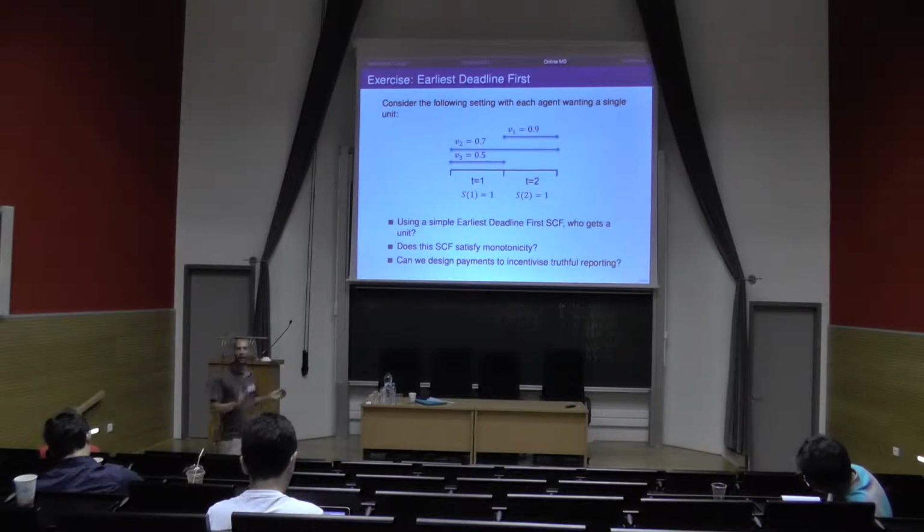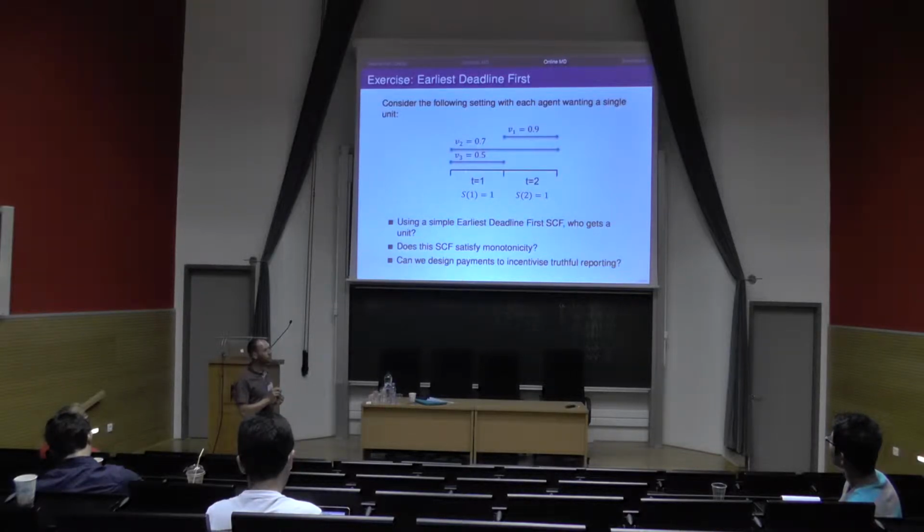If we could design any payments we want, we could never charge this guy more than 0.5, so it can be at most 0.5. However, for 0.5, this guy wants that slot.